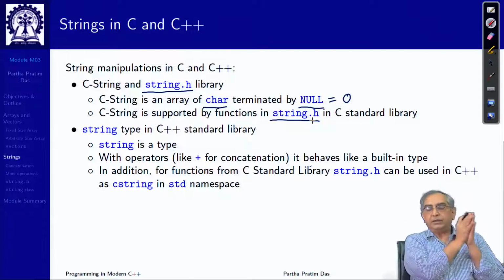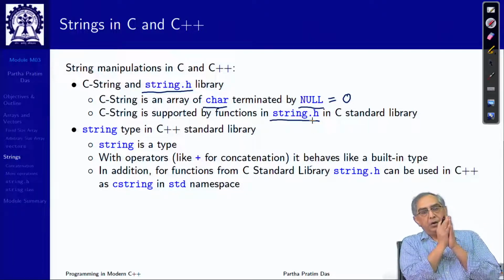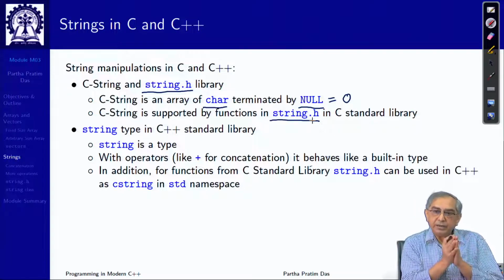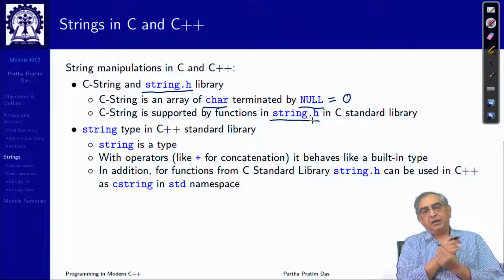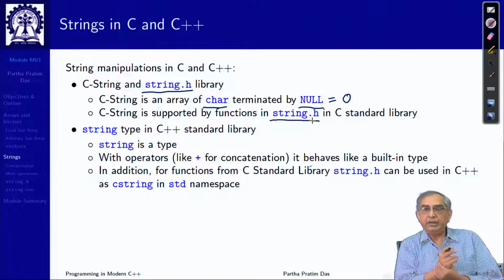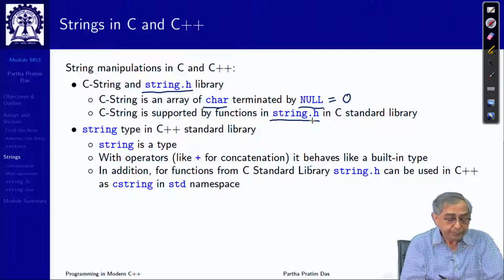So, the language does not have any support for string, nor does the library have support for a string type as such. It just provides you a few functions and a convention of storing characters with a null termination, which makes the whole story of string, which is heavily used.